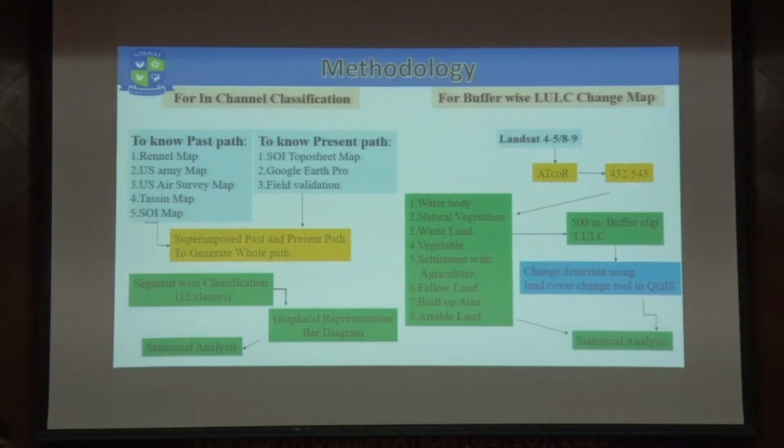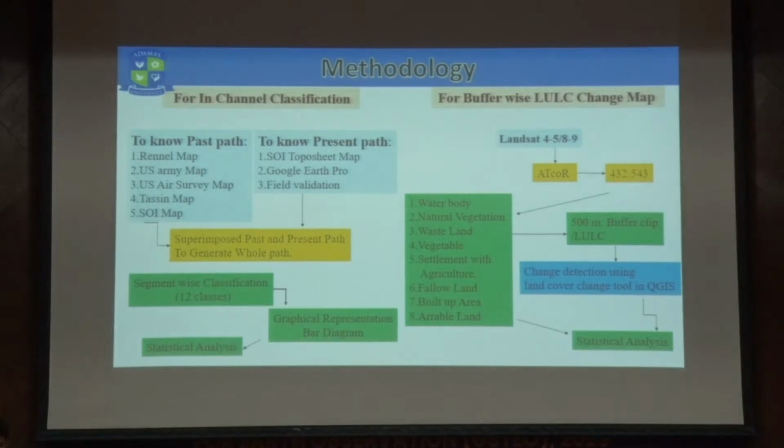So my topic, for the completion of this topic, I tried to categorize in 2 parts. One is in-channel classifications and the other is buffer-wise land use land cover map. In-channel classifications are categorized into 2 parts: past path identification and present path identification.